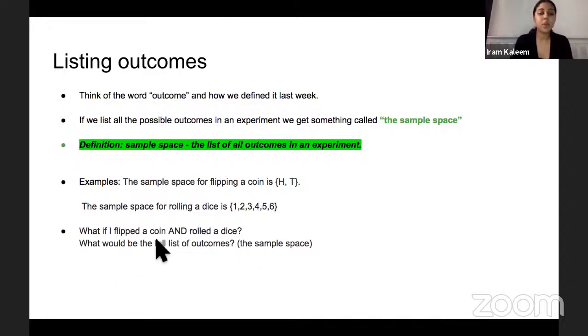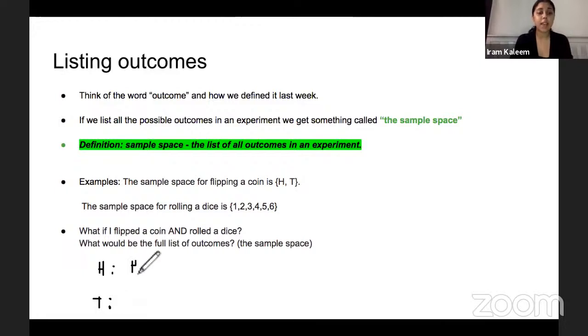So if I flipped a coin and I rolled a dice, I can list my full list of outcomes by splitting my options into heads or tails. This just makes it easier to list all the possible outcomes. So let's say every time we flip the coin, it lands on heads. These are all my options.